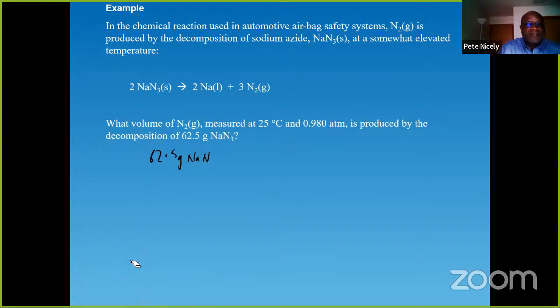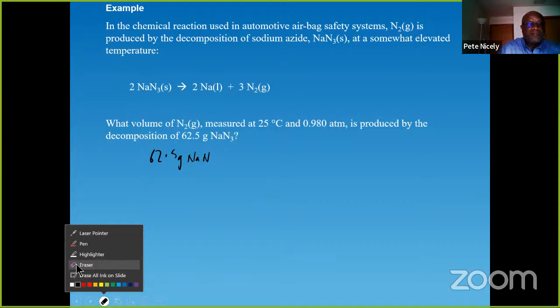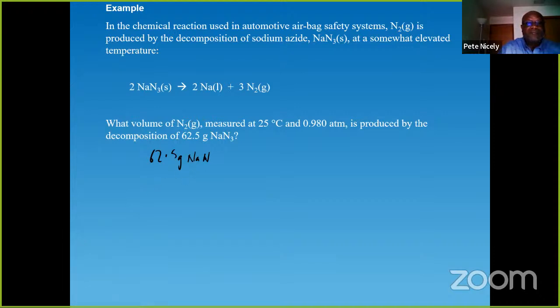This should be NaN3. And it's asking for the volume, presumably in liters, at 25 degrees Celsius and 0.980 atmospheres.